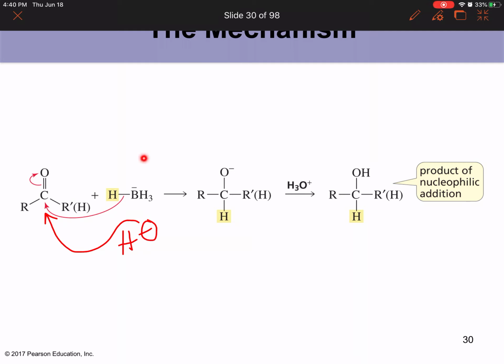The pi bond opens up and becomes an alkoxide ion. So this is the first step. And after this first step is completely done, then you add acidic water, acid. The acid will help you protonate the alkoxide ion and get the alcohol, a product of nucleophilic addition. Okay.